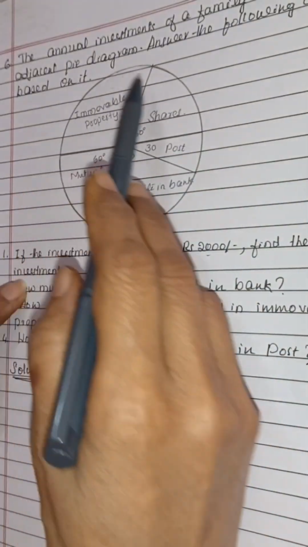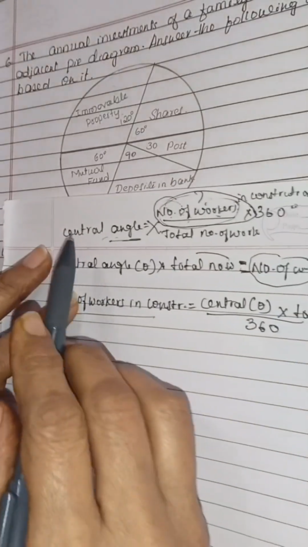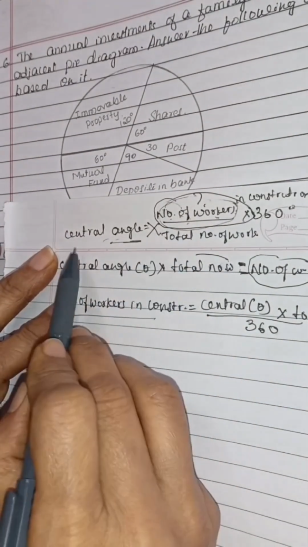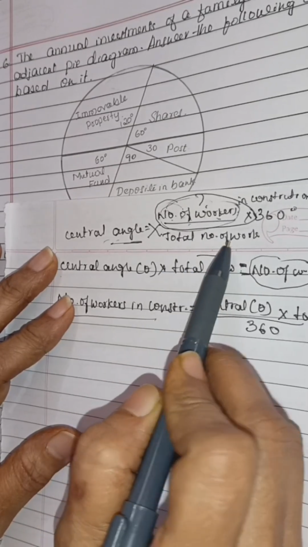We have a formula, and this is one formula we have to remember. Central angle equals the number of items divided by the total, multiplied by 360.